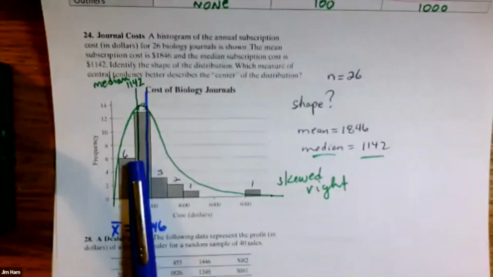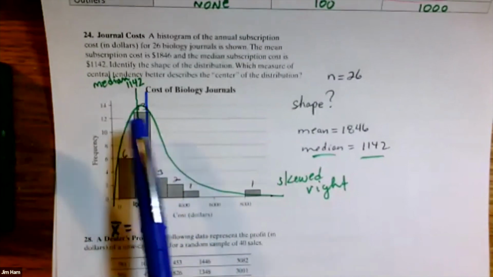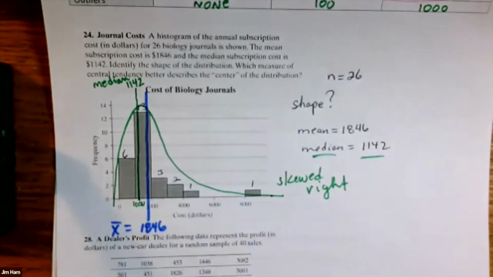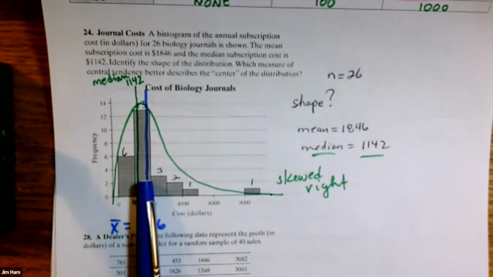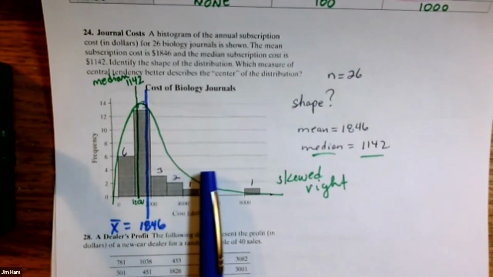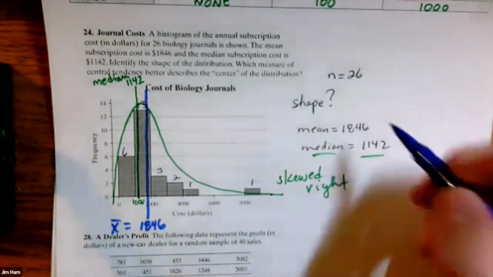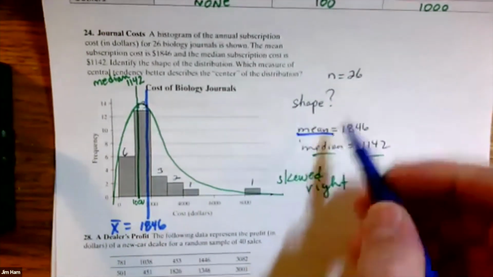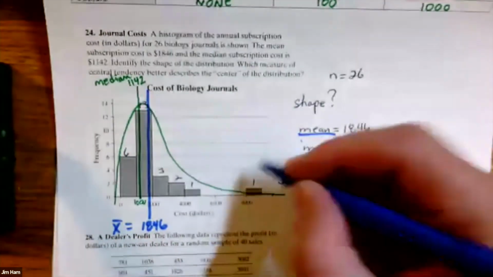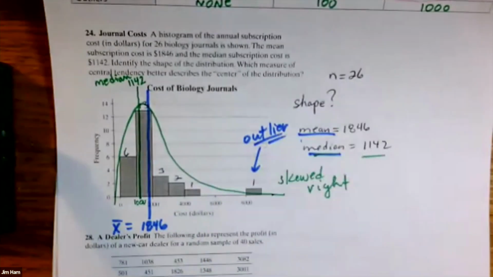So you can see that even if the mean and the median are very close to one another, as they are in this case, the mean will always move toward the tail. So which one are you going to use in a skewed distribution? Are you going to use the mean, or are you going to use the median? You can see an outlier here. So this is one journal.